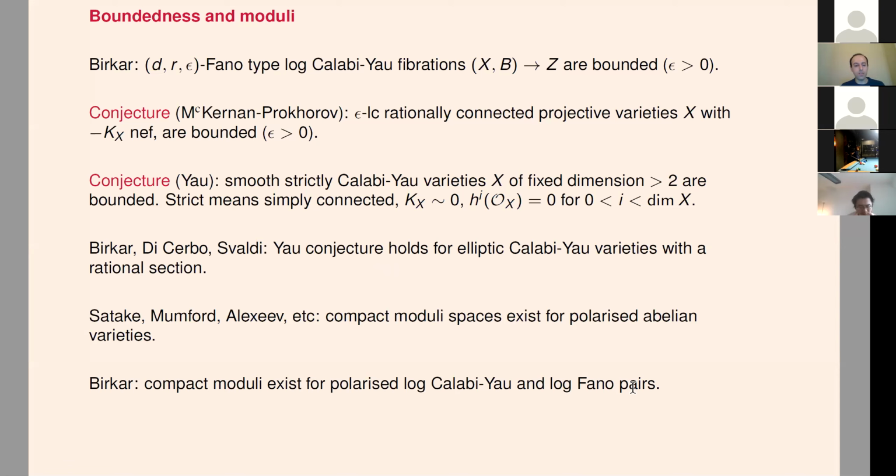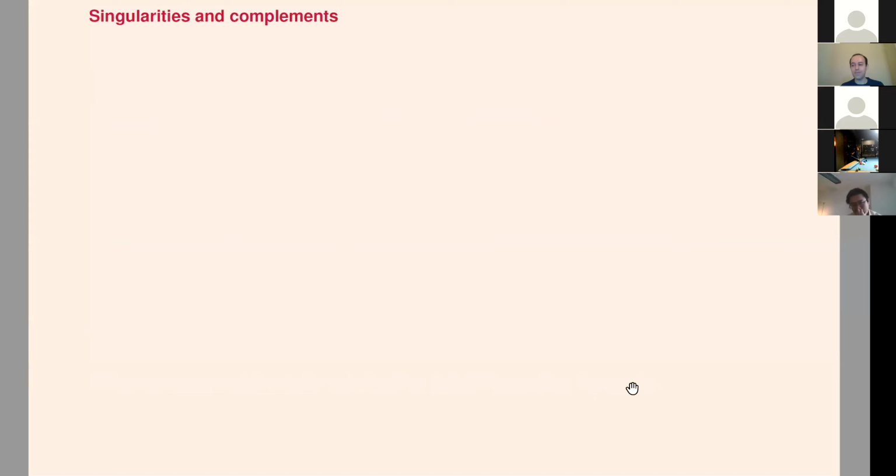And as I mentioned in the previous lecture, we also know compact moduli exist for polarized log Calabi-Yau and also log Fano pairs. This latter result, similar to the Alexeev case, is based on the theory of moduli of stable pairs.